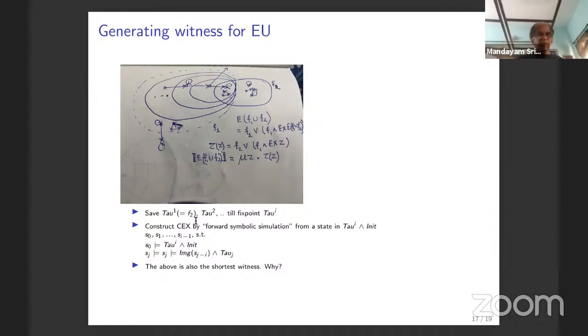So I'll fix this, yeah? And you kind of understand. So you have to pick a state in this fixed point, and then pick a state in the image of that, which gets mapped, but it also happens to be in here. The reason you want to ensure that it happens to be in tau i minus 1 is because otherwise it may end up, I mean, you have to ensure that it is in the existential image.